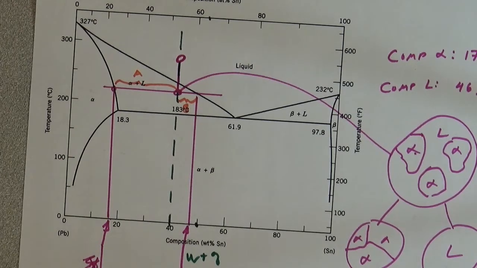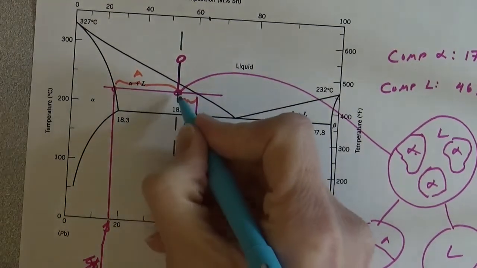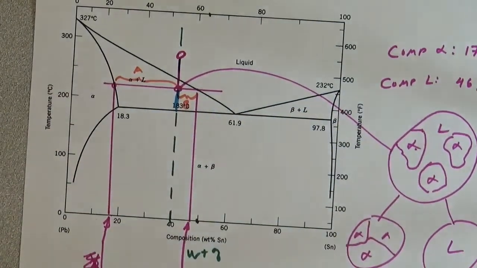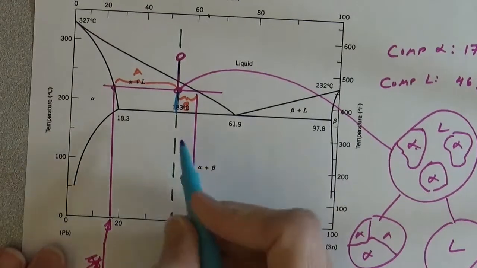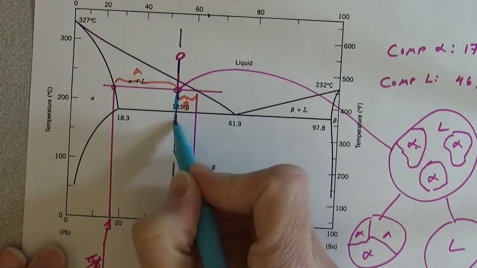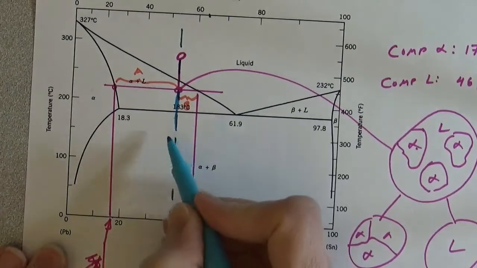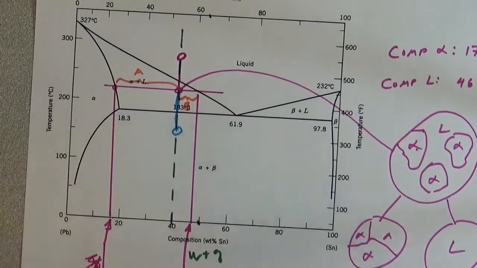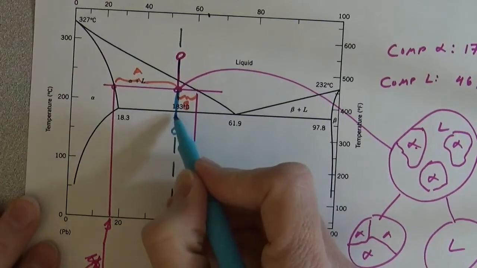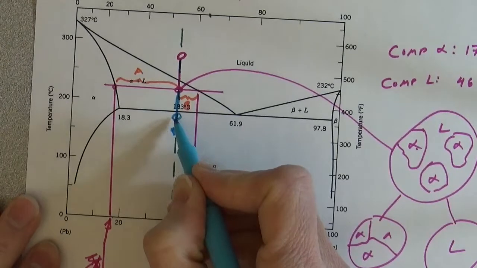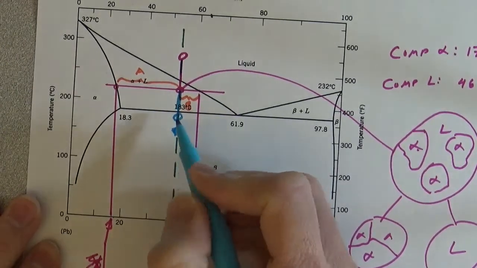Now, if we wanted to, we can keep cooling. When we cross from the alpha plus liquid into the alpha plus beta, we now have a new structure. Let's say we're right up just below the eutectic transformation.